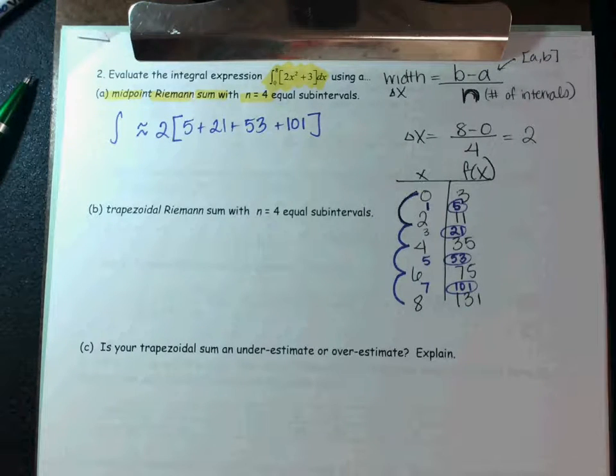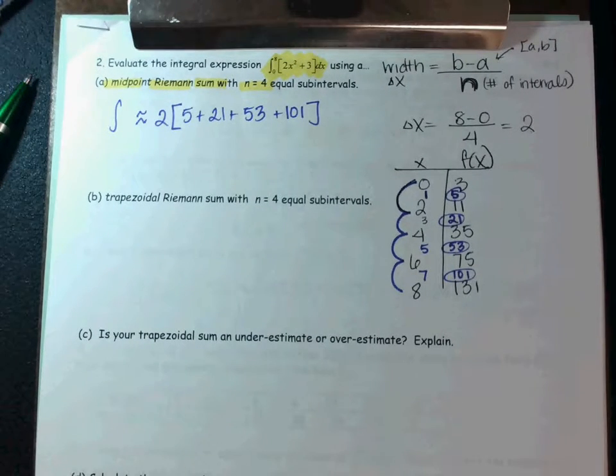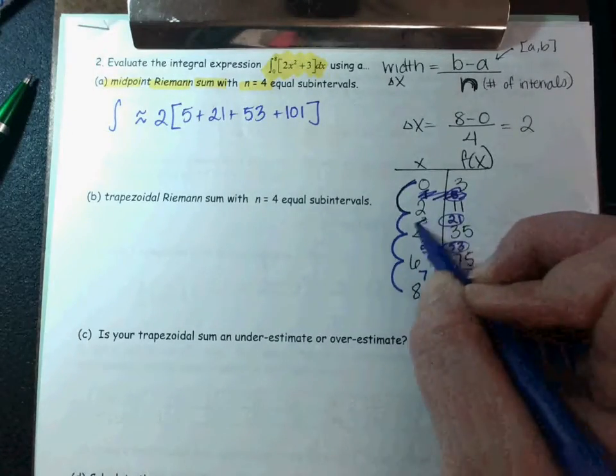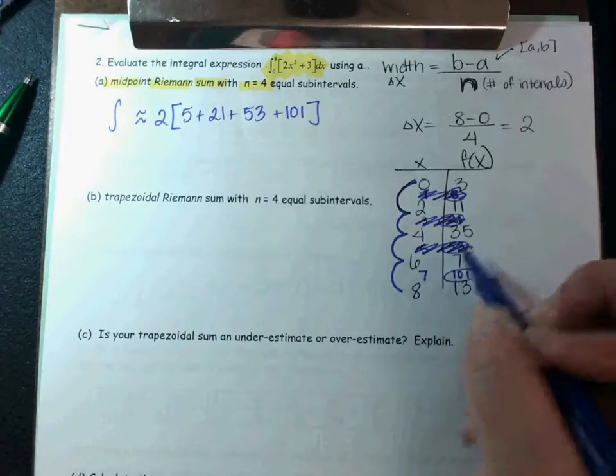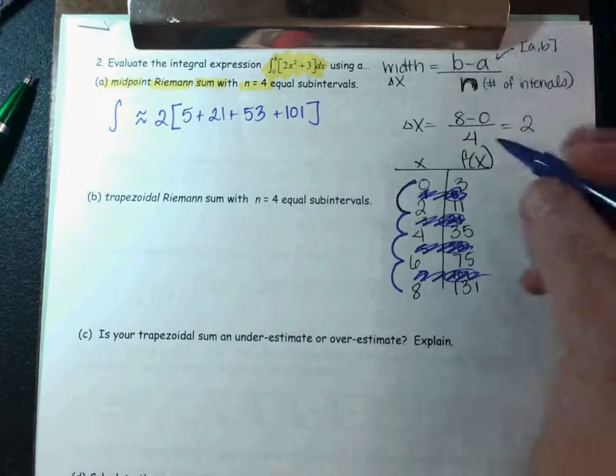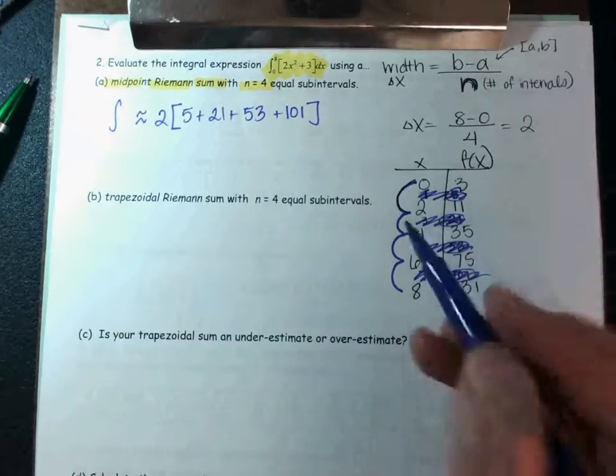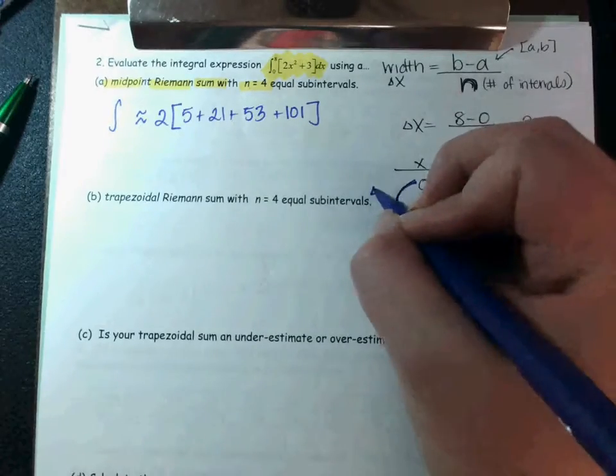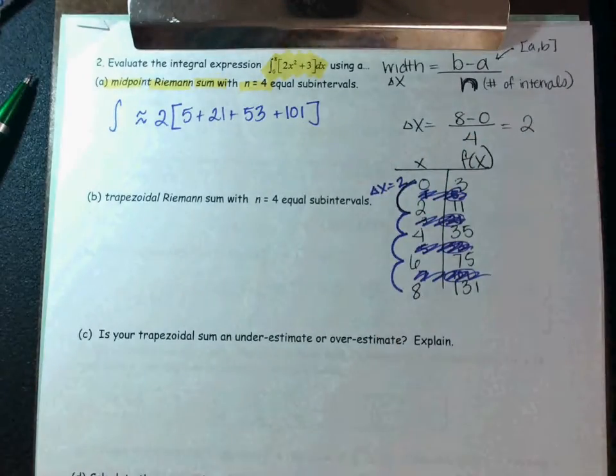Okay, part B asks us to do a trapezoidal sum. Now notice for the trapezoidal sum, I don't care about these midpoints. For the trapezoidal sum, I'm only worried about these are each of my bases, and then I have the same delta x every time. You can see your delta x is going up by 2.